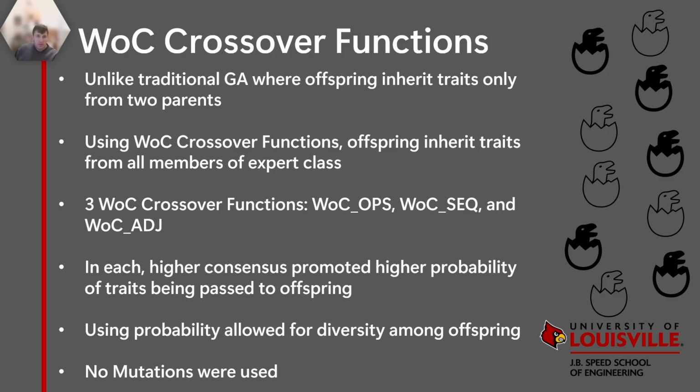And so we have 3 crossover functions: Wisdom of Crowd operations, Wisdom of Crowd sequences, and Wisdom of Crowd adjacencies. I'll go into detail on what each of those do. But for each of them, when there was more consensus, it led to a higher probability that the traits each crossover was examining passed to the offspring.